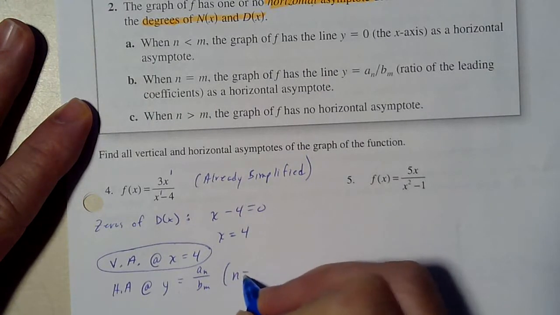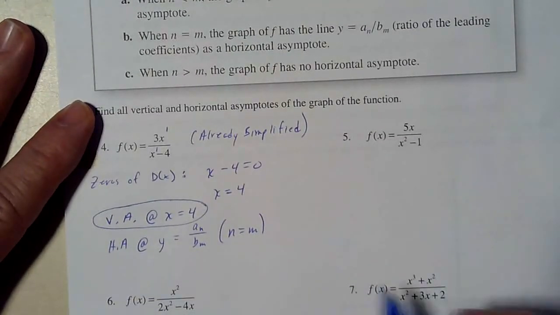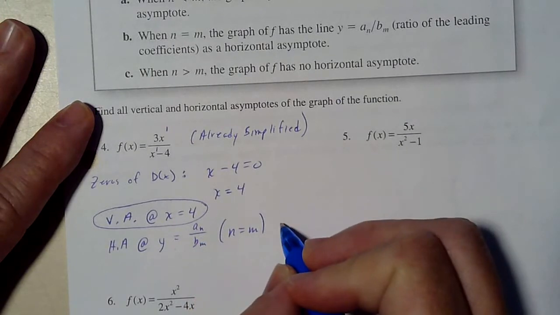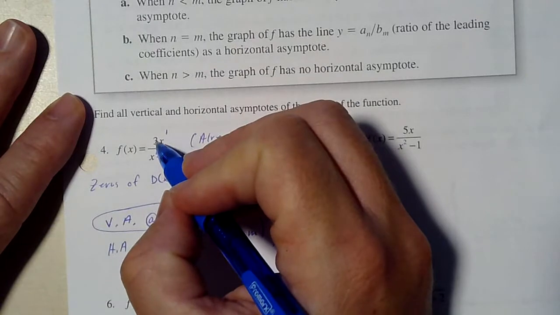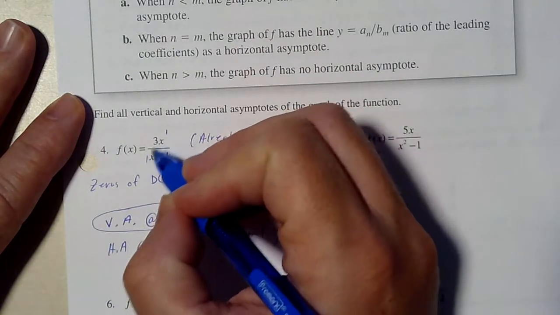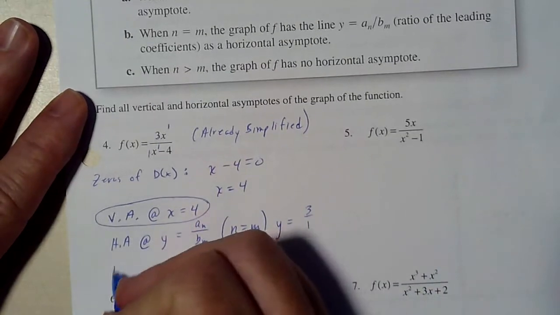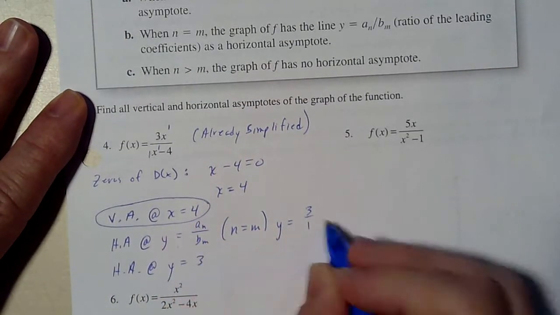Why? Because n equals m right now. And I'm doing some note taking down here. Once you get used to this, you'll just get to the answer. So in this case, y will be equal to 3 over 1. There are the leading coefficients. That's it. So there's a horizontal asymptote at y equals 3.